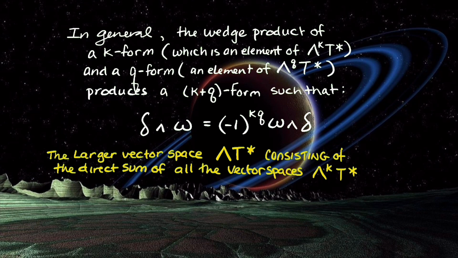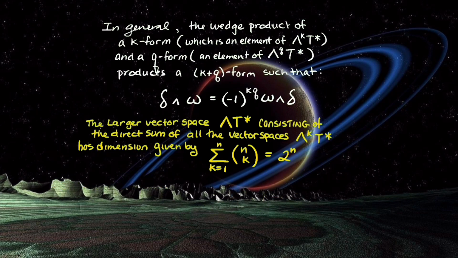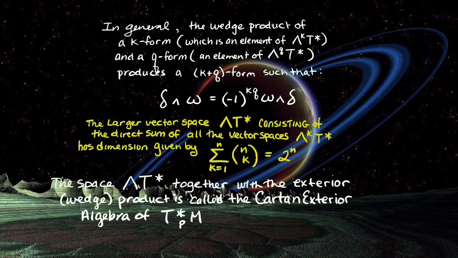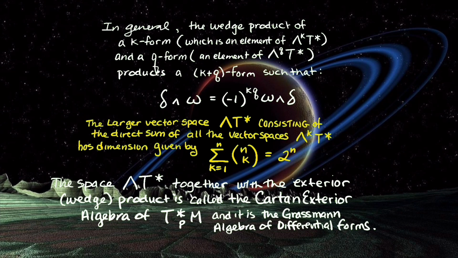The larger vector space, consisting of all the direct sums of these vector spaces, has a dimension given here to be 2 to the n. And this space together with the exterior wedge product is called the Cartan exterior algebra of the cotangent space and is the Grassmann algebra of differential forms.